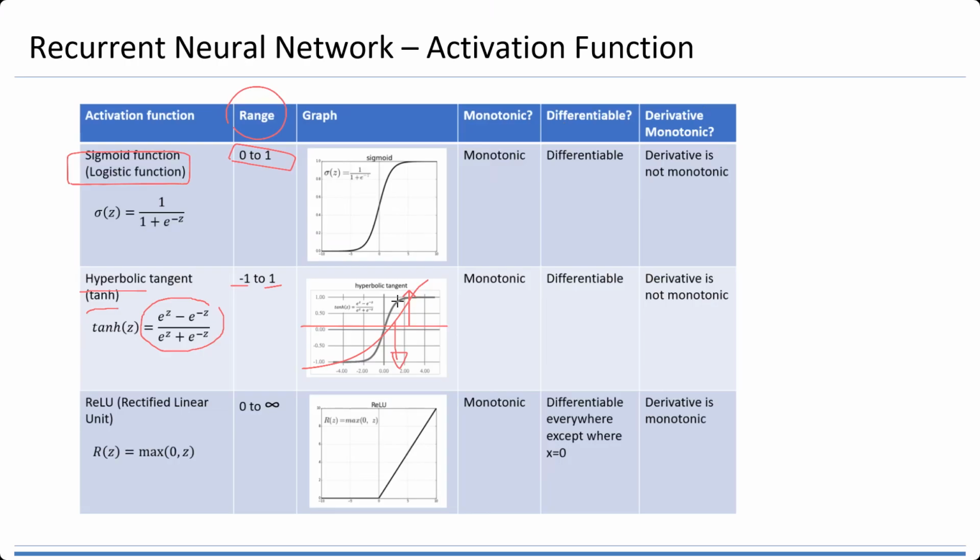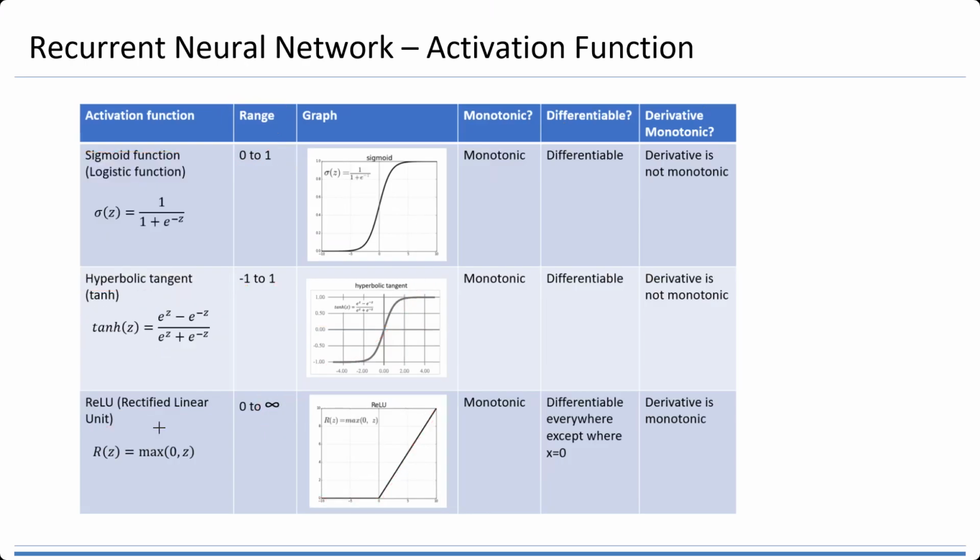The other kind of activation function is ReLU, or rectified linear unit. The minimum value is 0 and the maximum is infinite. It means the maximum value can reach any number, following the data.